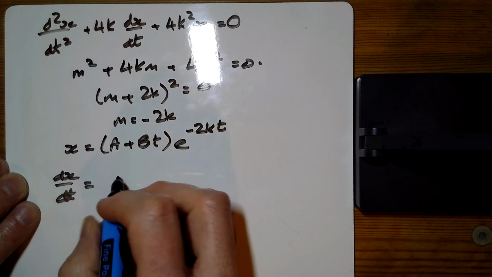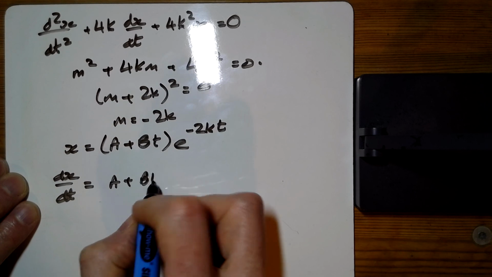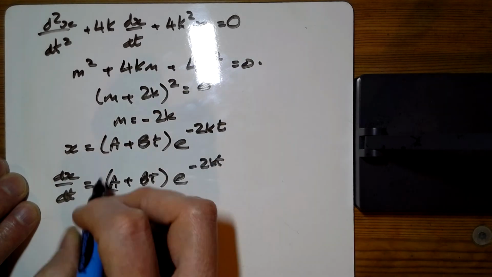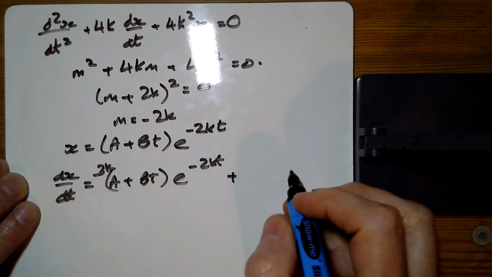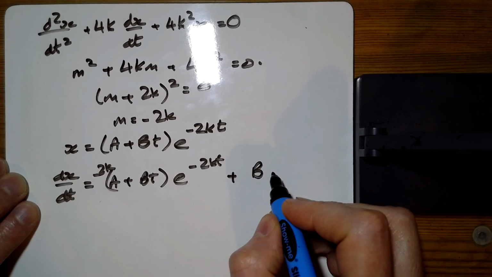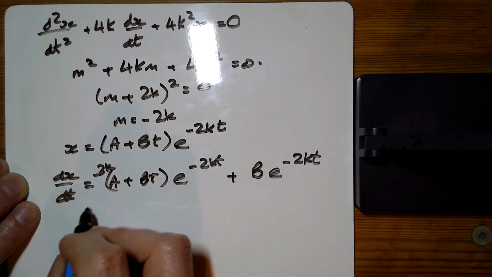So I'm going to write that bit down and differentiate this bit. So I'm going to have a minus 2k in front of here, plus differentiate that bit. So just got b and then e to the minus 2kt.